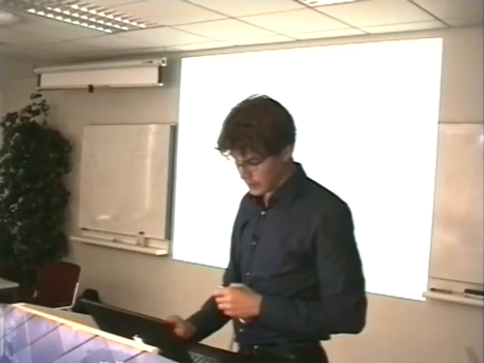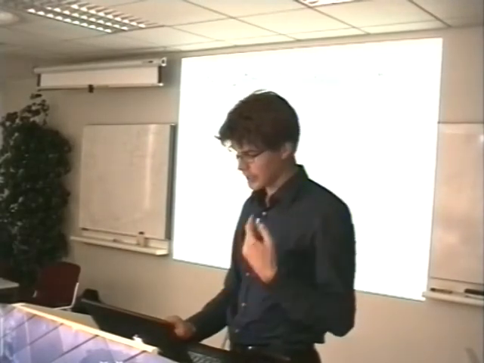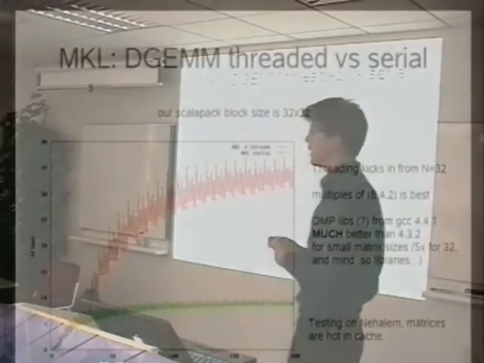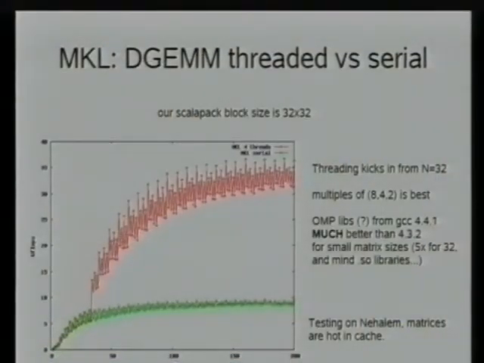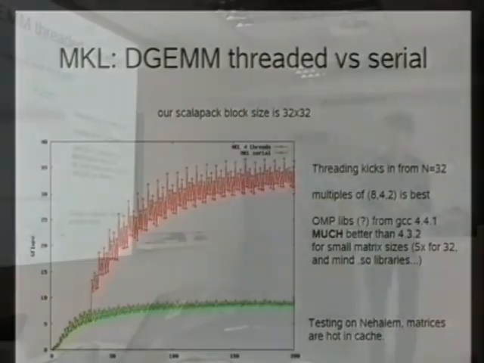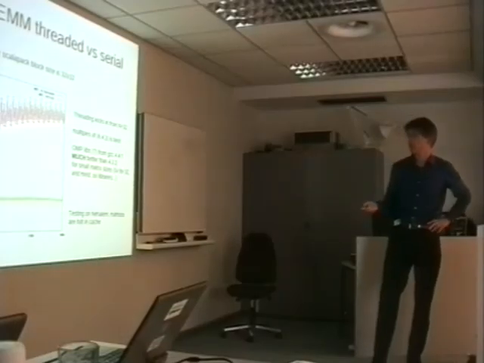Then one thing we investigated, because that's the direction we want to go in the future, is what we can get from threading if you mix OpenMP and MPI. For example, here you see that on a threaded multiply, you get much closer to peak performance.